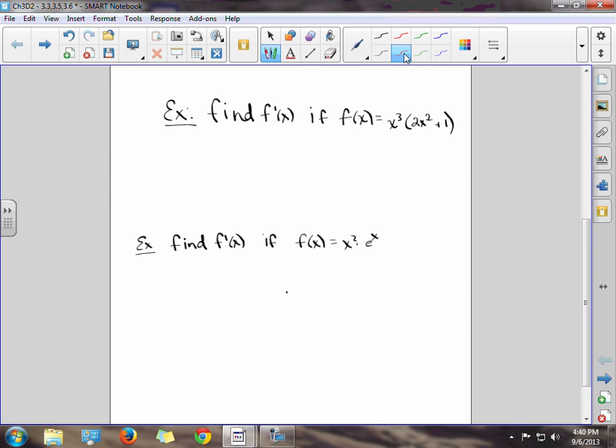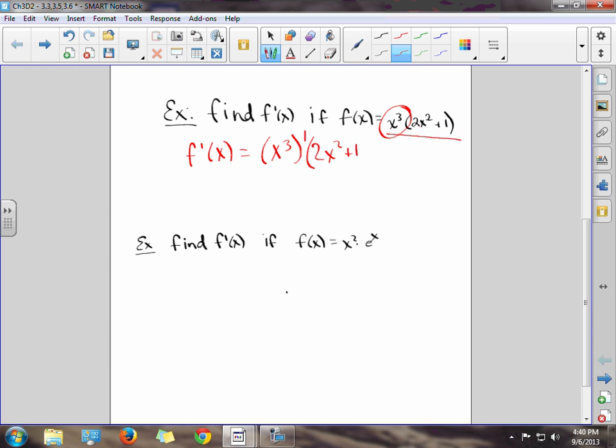Alright, so we have this function right here, x cubed, open parentheses, 2x squared plus 1. And so how it's going to work, our f prime of x is going to be equal to the first piece, x cubed prime. So we're going to take the derivative of that. I'm going to do it in several steps this time, and then next time I won't do it in so many steps.